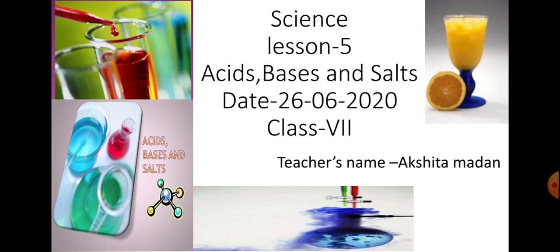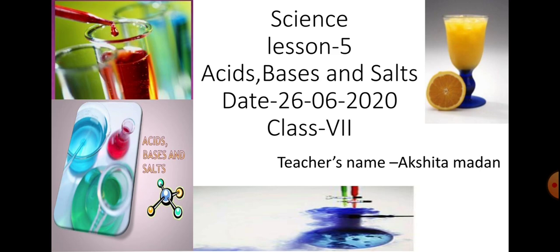For example, our stomach makes hydrochloric acid, which is necessary for digestion of food. Baking soda used in baking bread is a base, whereas common salt you use every day in your cooking.